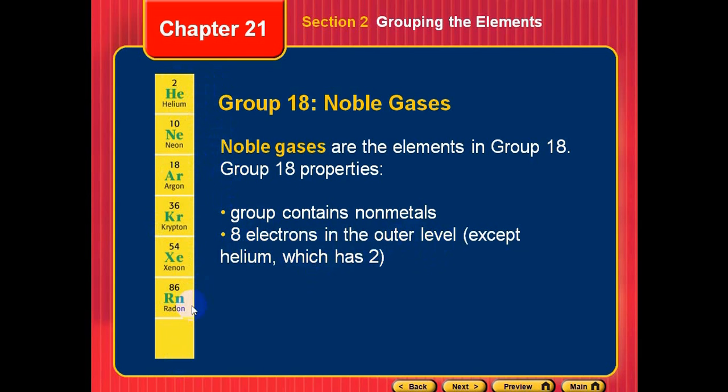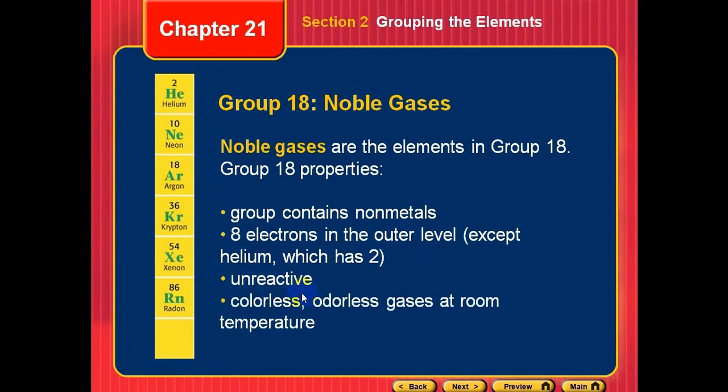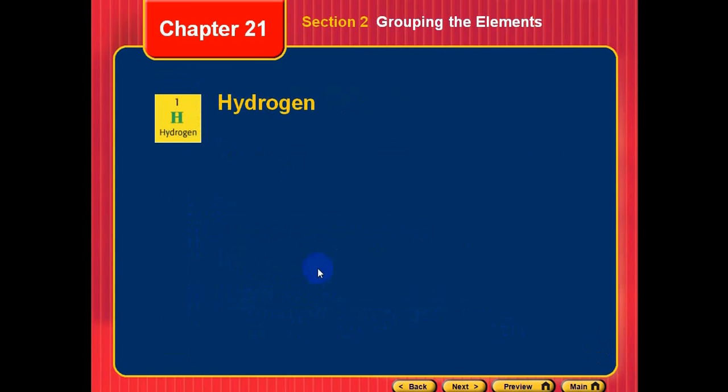They don't have to gain or lose any electron. And that's why we call them unreactive. Colorless, odorless gases at room temperature. They don't have color, they don't have smell, and they are gases at room temperature. And they have very low density.